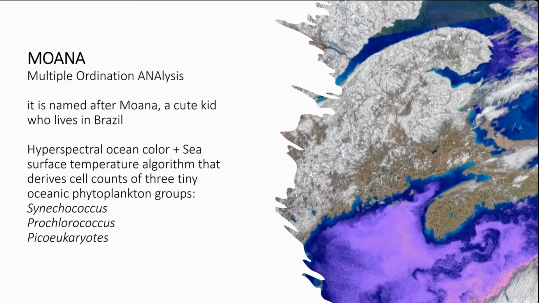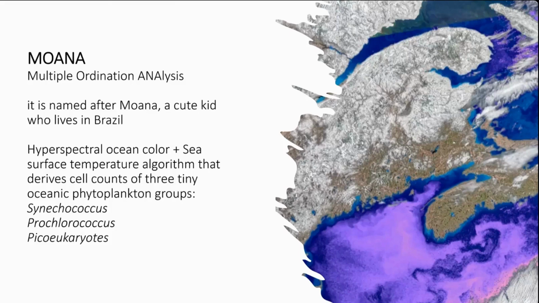And she said, oh, should we name it after Jedi? And I said, okay, Jedis are cool, but let's think about some other names too. And she said MOANA, which is actually the name of her daughter. And in Polynesian, I think Hawaiian Polynesian, it means ocean, which is a very appropriate name. So once you have a cool name, you have to figure out backwards what it actually means.